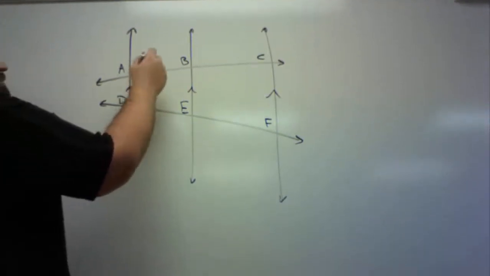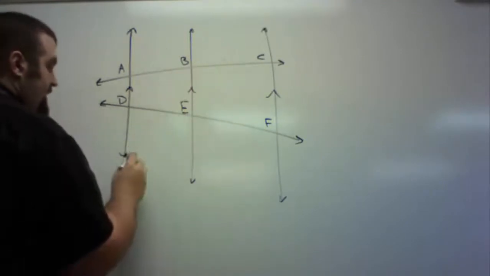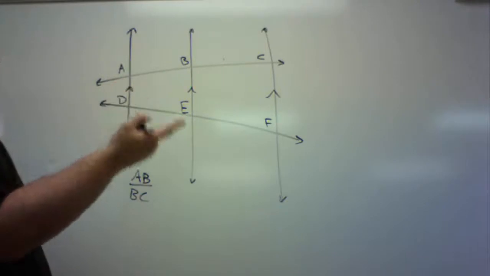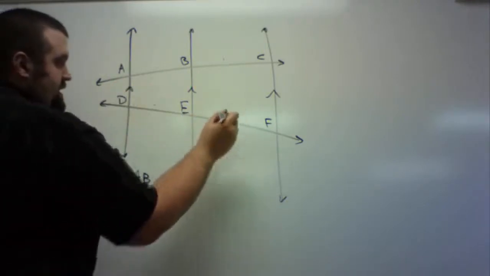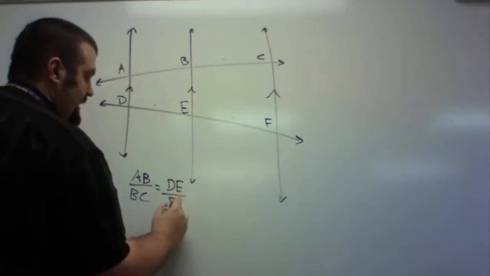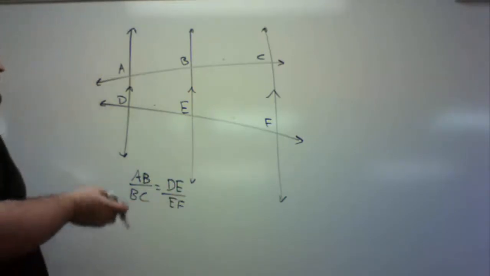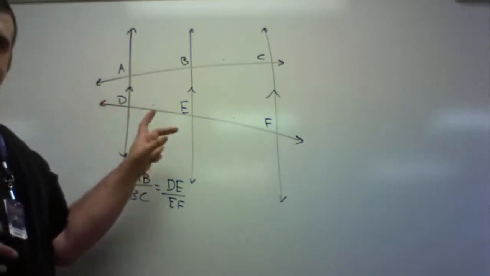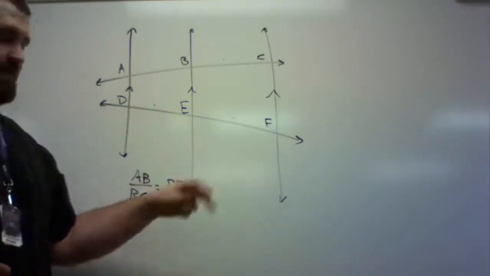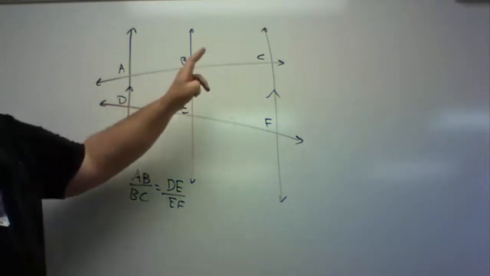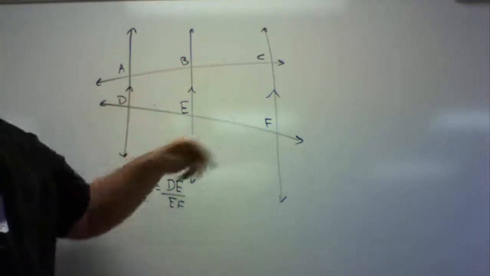What that means, if I compare this length to this length, AB to BC, it has to be the same ratio as this length to this length. So length of segment DE to length of segment EF. That's all this theorem says, is if I have this setup, 3 or more parallel lines divided by 2 transversals, it divides the transversals proportionally. So AB to BC equals DE to EF.